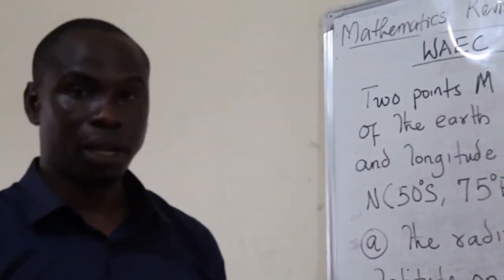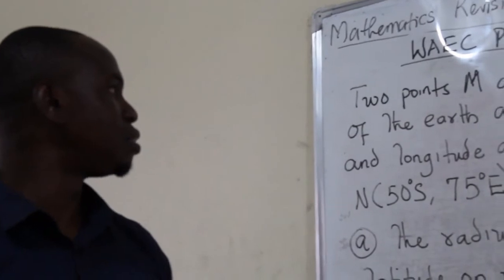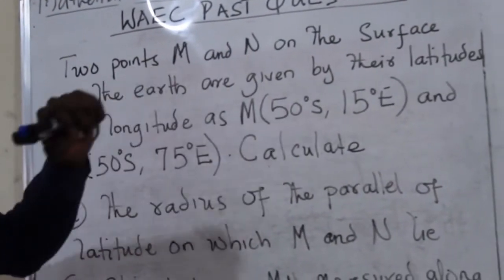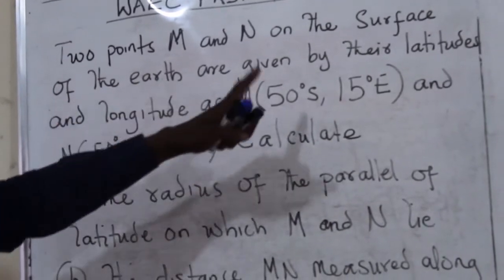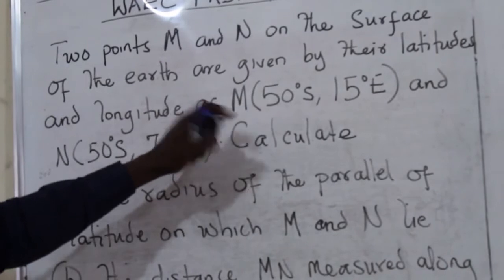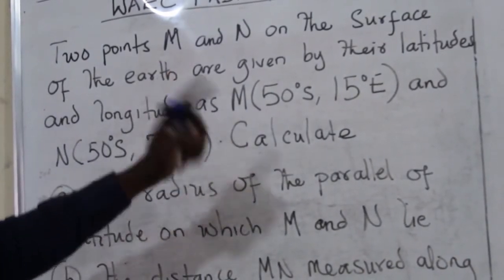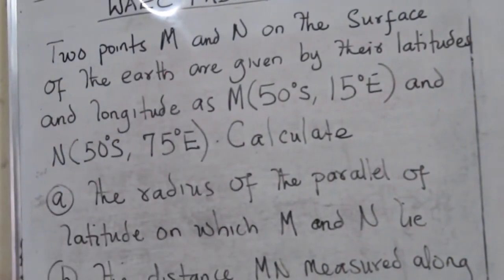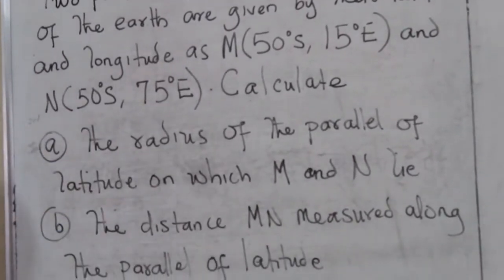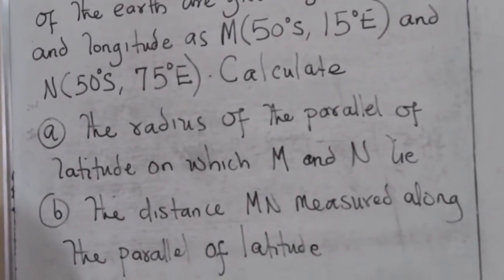Okay, the next question here says that 2 points M and N on the surface of the Earth are given by their latitudes and longitudes as M 50 degrees south and 15 degrees east, and N 50 degrees south and 75 degrees east.